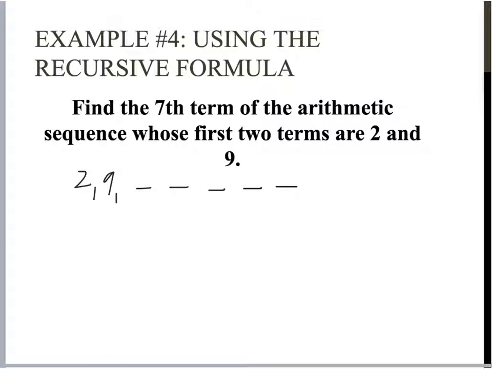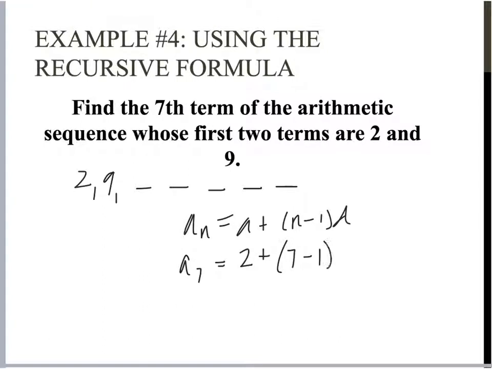So applying our formula, the formula says a sub n equals a plus n minus 1 times the difference. A sub n, they're asking for the seventh term, so this would be a sub 7 is what we're looking for. A is the first term, so that's 2, plus n, again, there are 7 terms, we're going to put 7, minus 1 times the difference. Now, the difference can be found by finding the difference between 2 and 9.